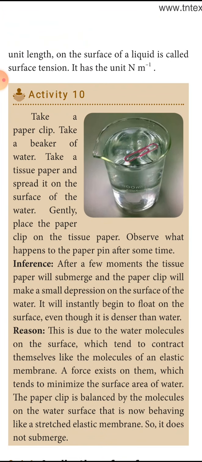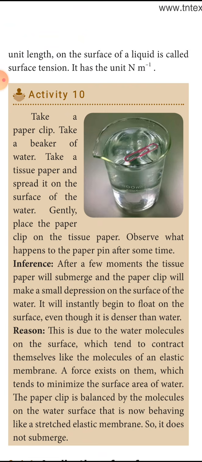Here is one activity to explain the surface tension. Take a paper clip, take a beaker of water, take a tissue paper and spread it on the surface of the water. Gently place the paper clip on the tissue paper. Observe what happens. The paper clip will float.